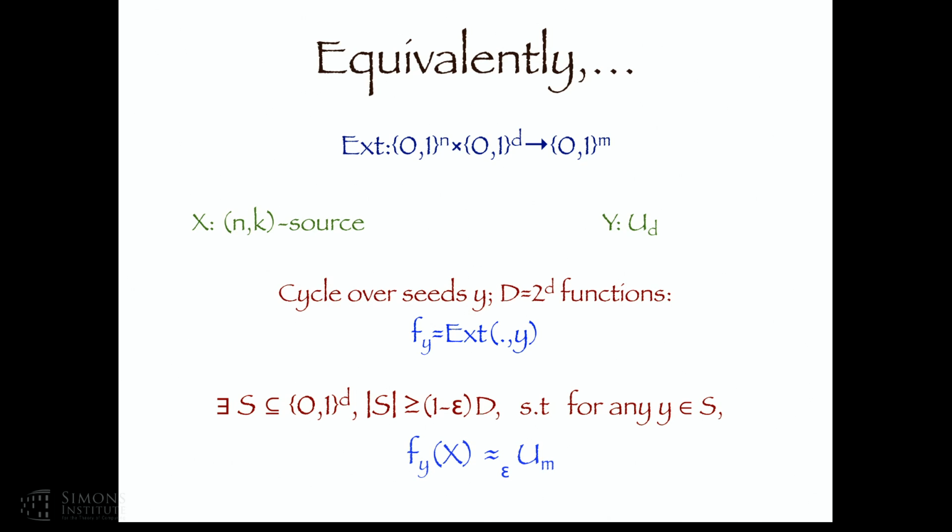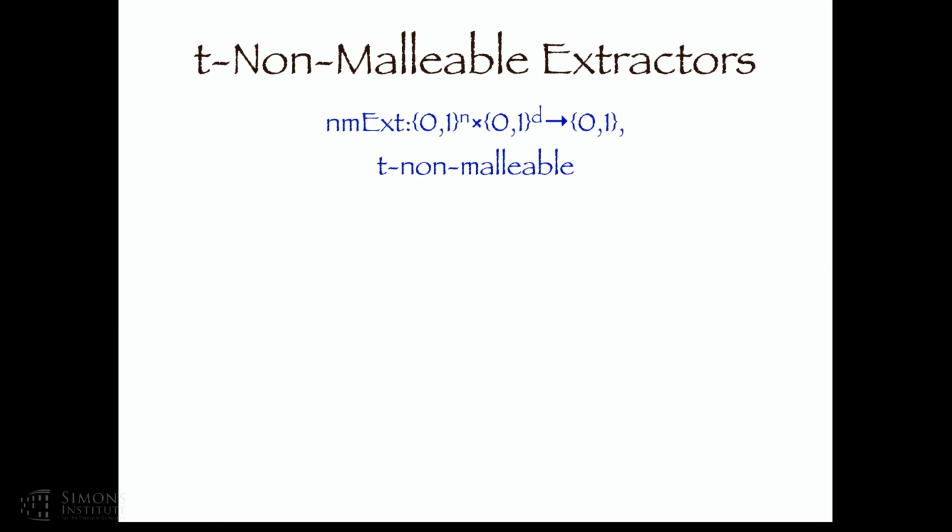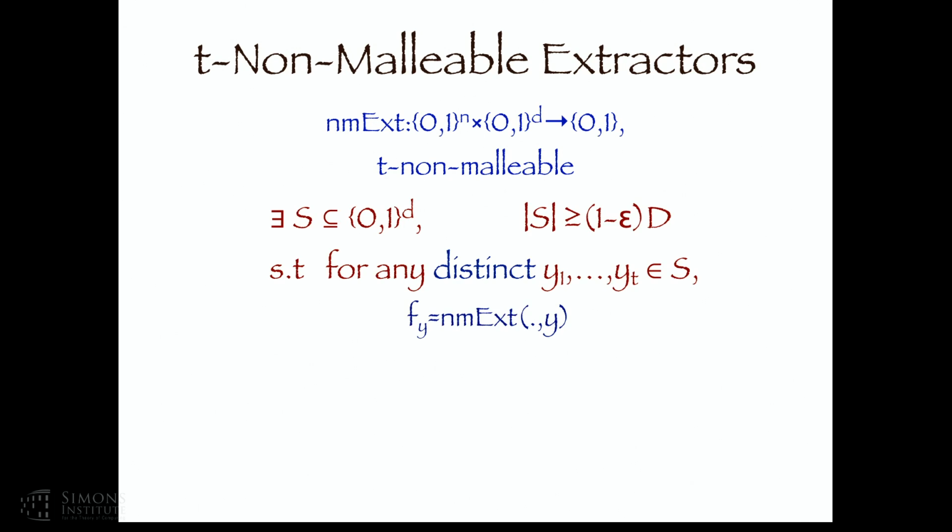Next we'll need a slightly fancier extractor. It's called a non-malleable extractor, which was introduced by Dodis and Wichs in cryptography, but I'll not present the original definition. I'll present something which is enough for this talk, and it's also equivalent. It's called a t-non-malleable extractor. Again, it takes a weak source X and a seed, and it outputs 1 bit. For this talk, we'll just output 1 bit.